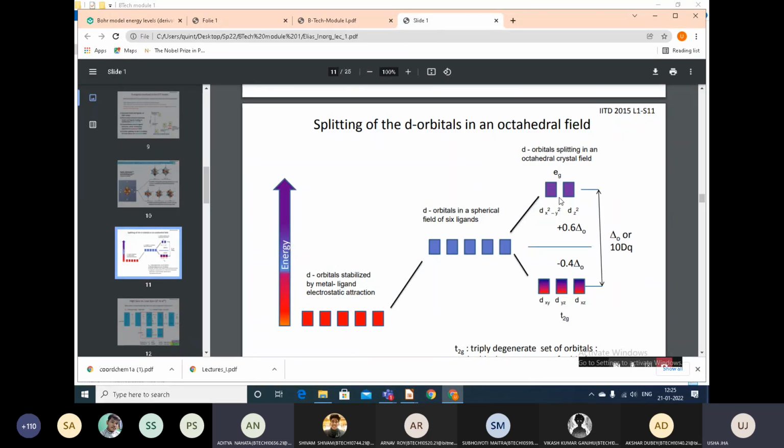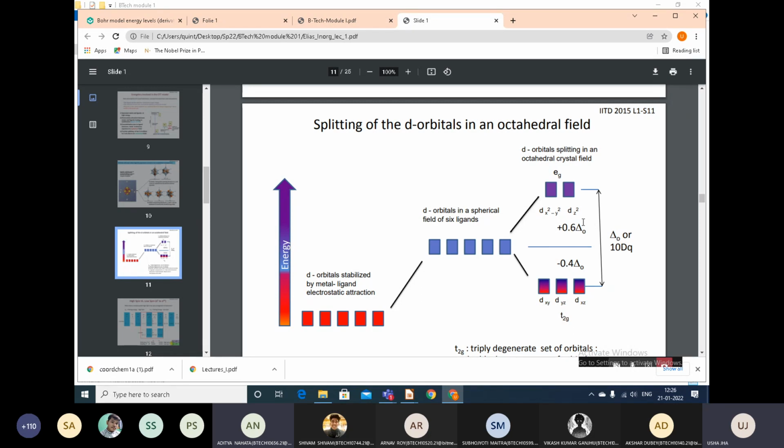So of these 5 orbitals, this gets lowered by 2/5, whereas this gets increased by 3/5. So the increase here is 0.6 delta O, and the decrease here is minus 0.4 delta O.